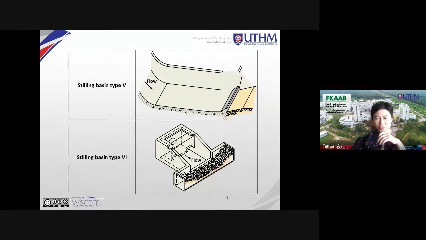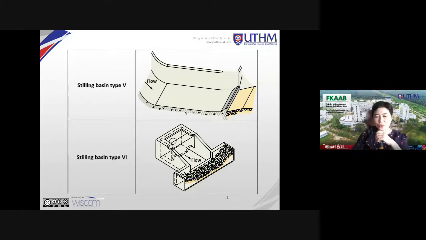Type 5, you just have one end sill right at the end of the platform. You have type 6. Sometimes the spillway is of a certain type, for example, a morning glory. That means water will go down like a morning glory flower, so it has a tube, a cylinder that goes down, so it can go out from here.